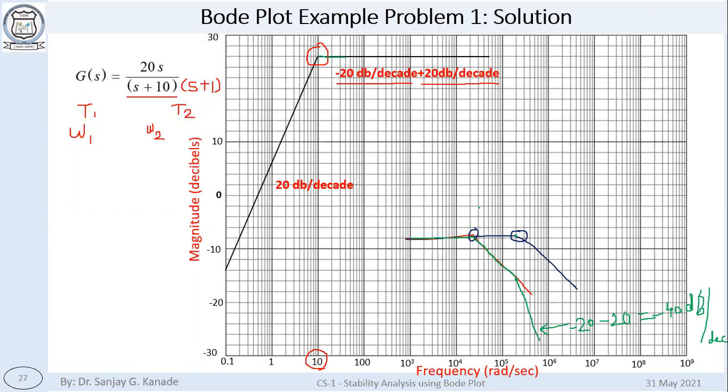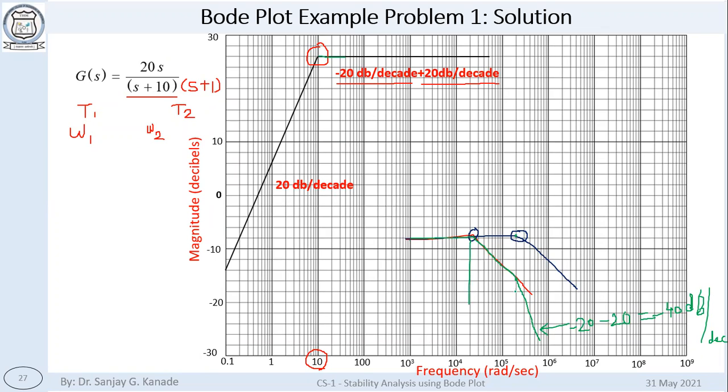But if both are negative, meaning both the factors are in the denominator, then both are going to contribute in a negative manner. So it is going to become minus 40. In a similar way, whatever the number of factors is, just look into the graph section by section.